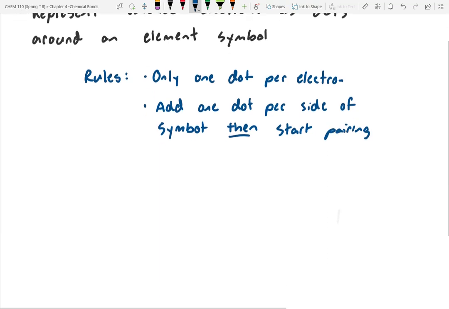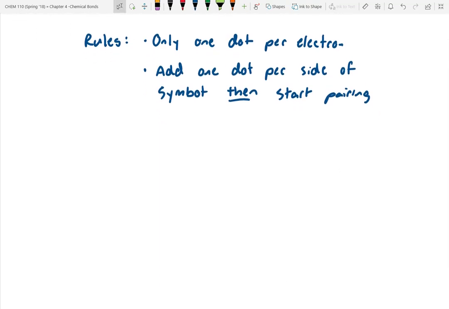So I'll show you some examples of this that'll make it a bit more sense. I'm going to just pick a generic non-symbol. So I'll say this is pretend symbol X. And let's say pretend symbol X has 6 valence electrons. All right, if it has 6 valence electrons, we go 1, 2, 3, 4. So we've hit all 4 sides.